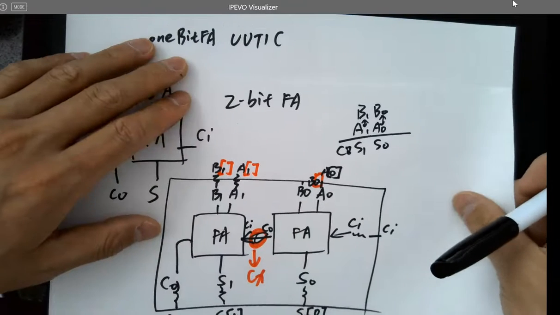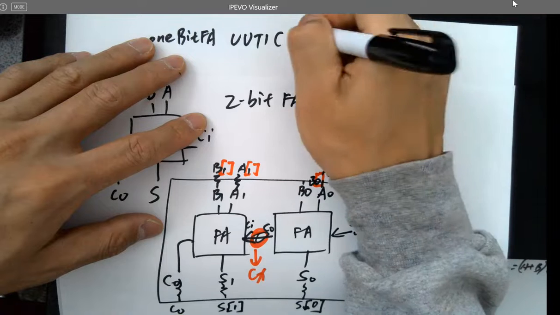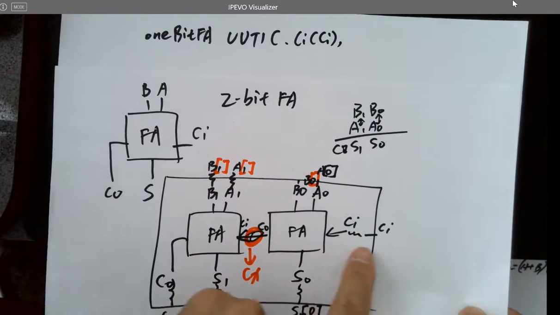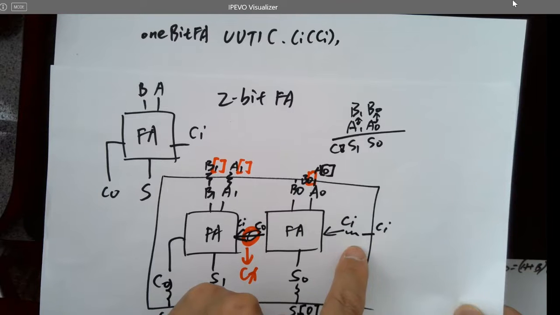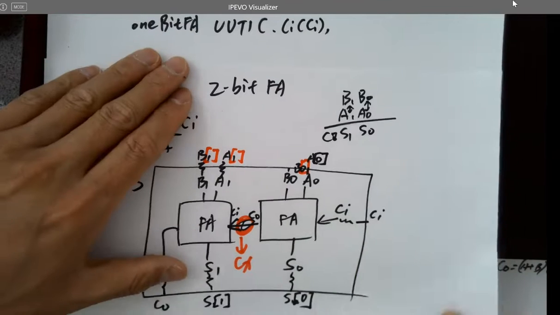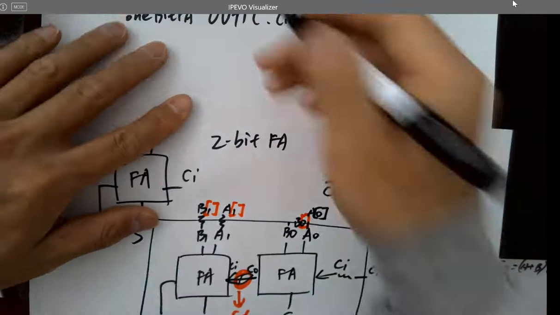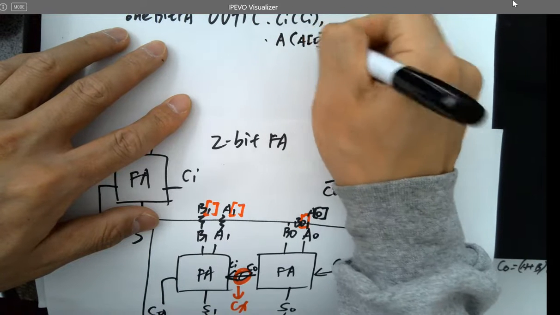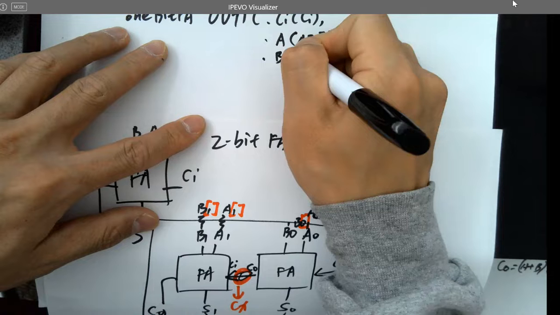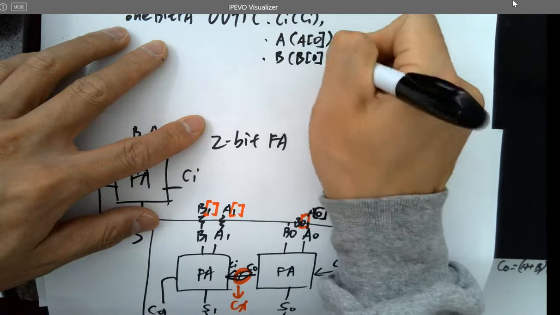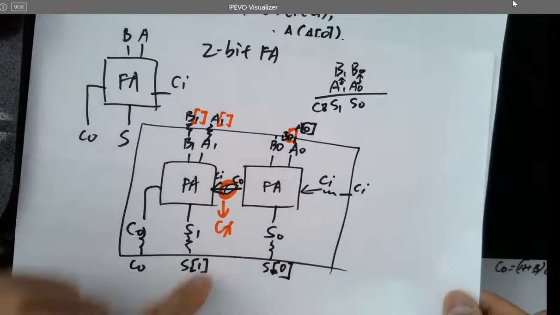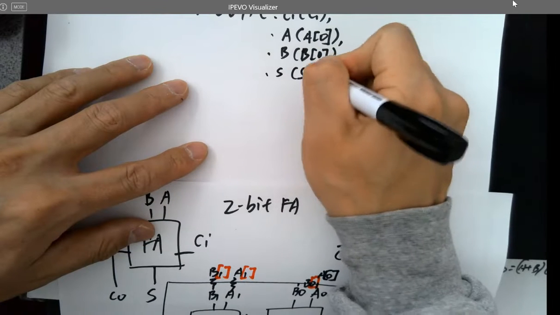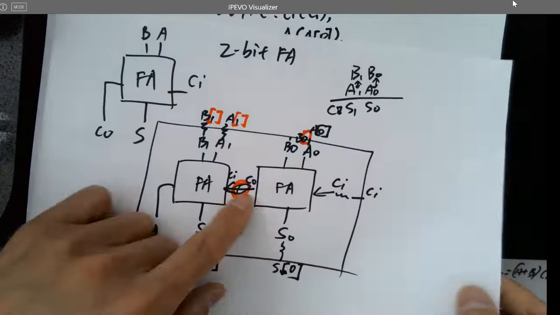So which is being shorted to where? CI is to CI, no problem. A is shorted to A0. B is shorted to B0. S is shorted to S0. Anything else?